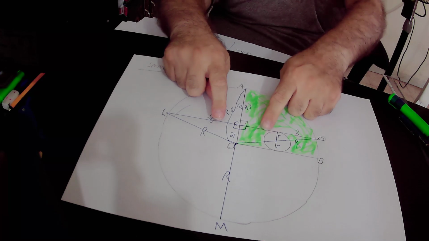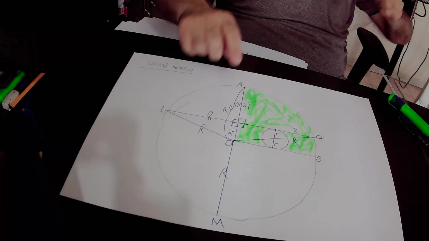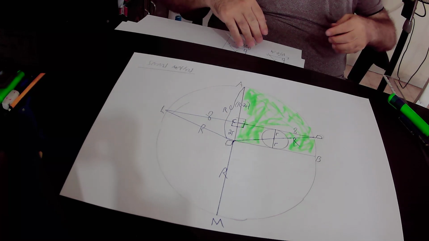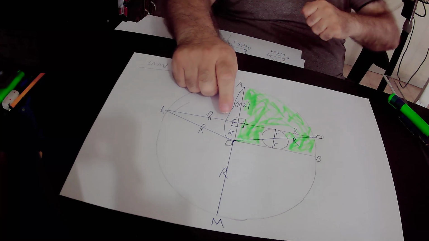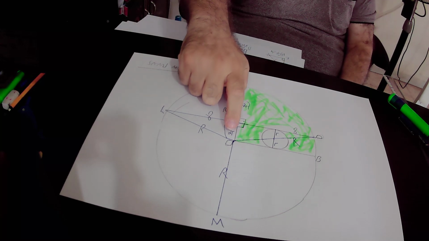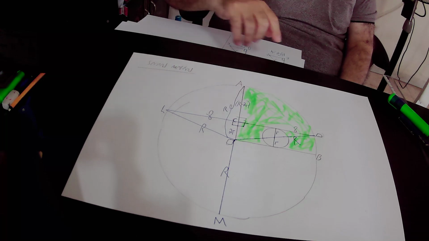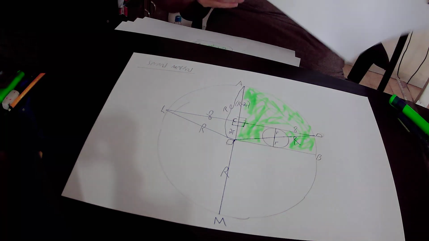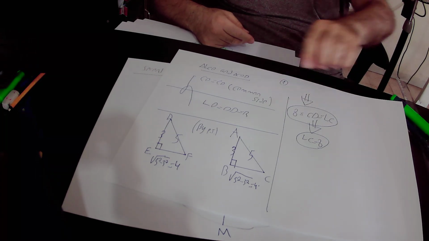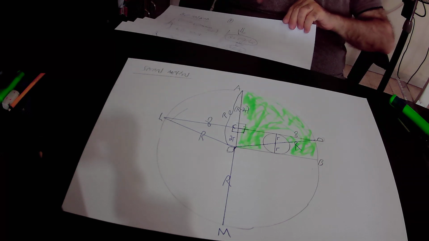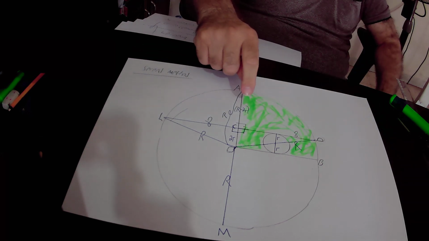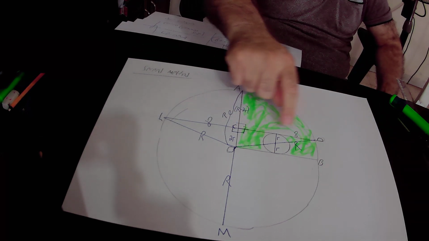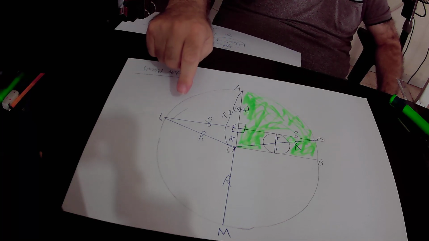Then we proved that those two right triangles can go into each other. Why? Because CO equals CO, it is a common side that belongs to both triangles. And we have already found out that OD equals OL. Why?